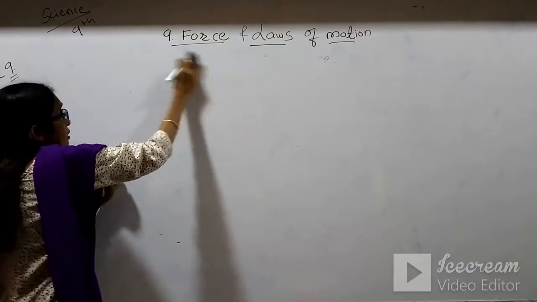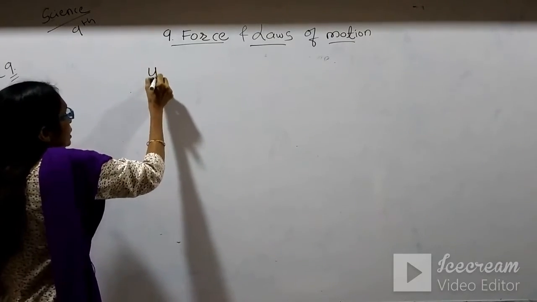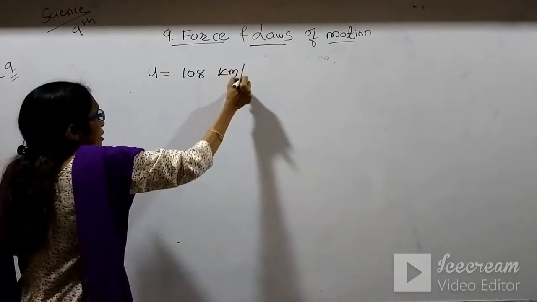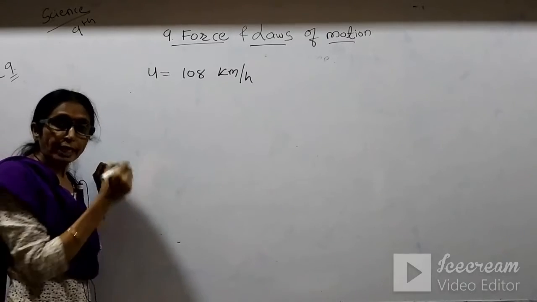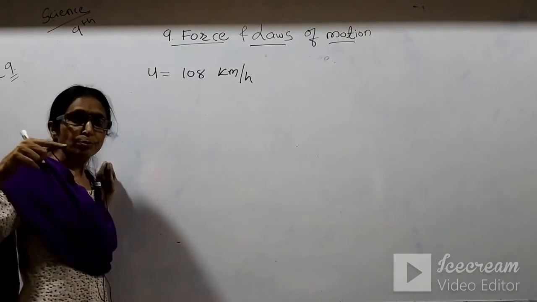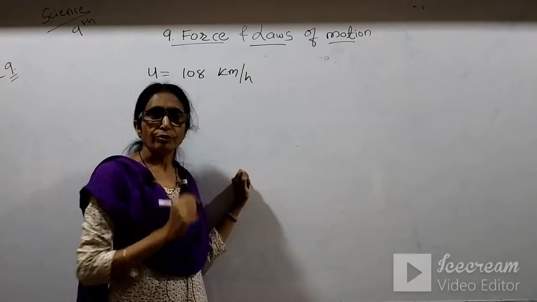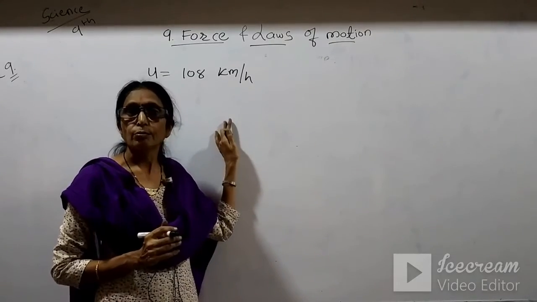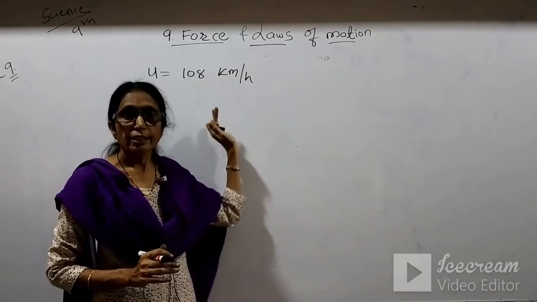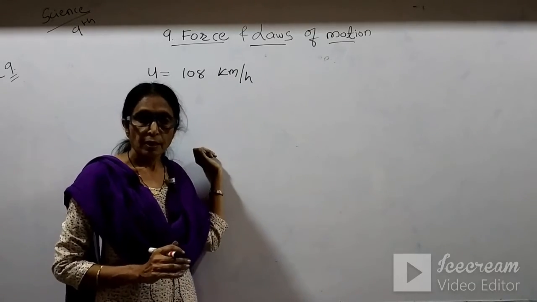Okay, so here, u is equal to 108 kilometer per hour. Why u? Because the motor car is already moving with this much speed, so its initial velocity is 108.